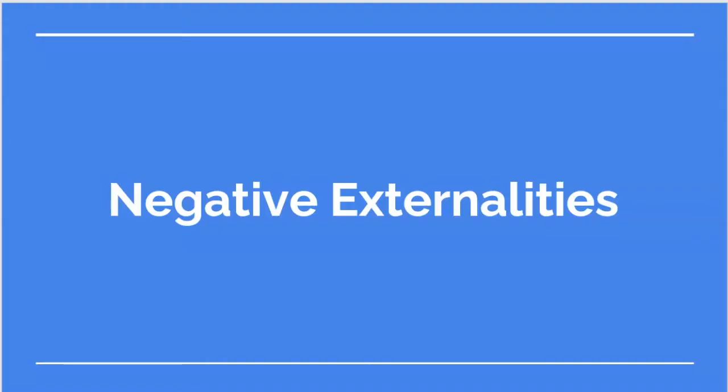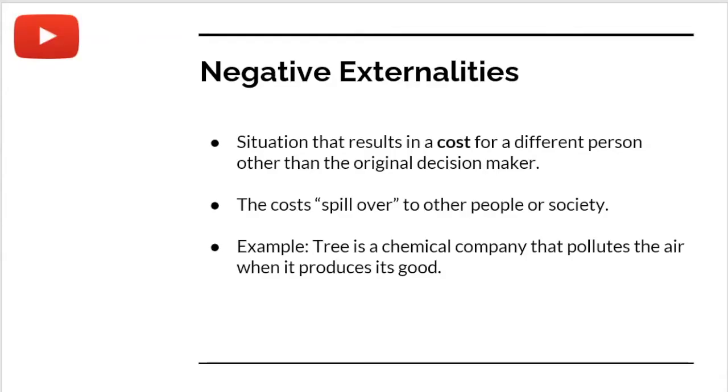And so let's get into the bulk of today's video, which is negative and positive externalities and what exactly it looks like on the graph here. We're first going to start off with negative externalities. A negative externality is a situation that results in a cost for a different person other than the original decision maker.